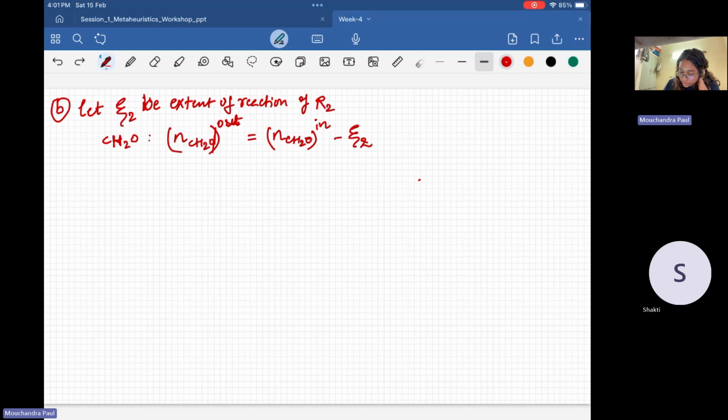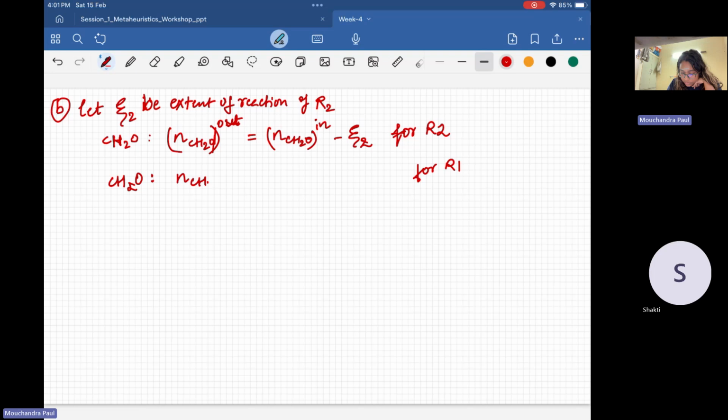Now what we see is we don't know how many moles of formaldehyde are coming in and how many moles of formaldehyde are coming out in this particular expression, which we wrote for reaction 2. Similarly, let's write a similar expression for formaldehyde for reaction 1.